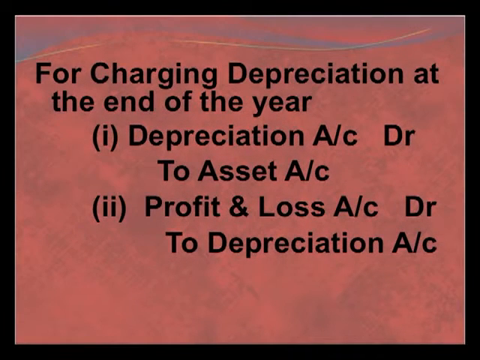Now if you have to charge depreciation at the end of the year under this method, we will first debit depreciation account and credit asset account, and for transferring the depreciation to profit and loss at the end of the year, we will pass the entry profit and loss account debit to depreciation account.